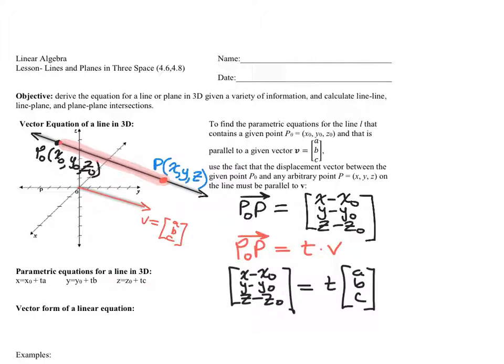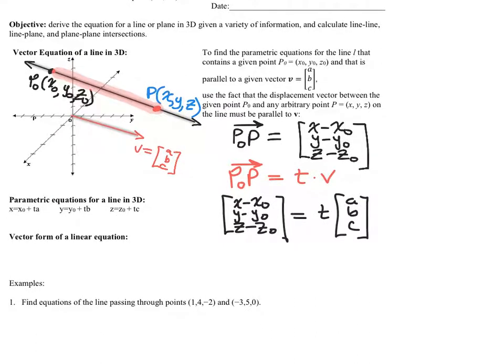And so now what I can do is actually define these equations by saying that x minus x sub o is going to be equal to t times a. All right. Same idea for the y minus y sub o. It's going to be t times b.